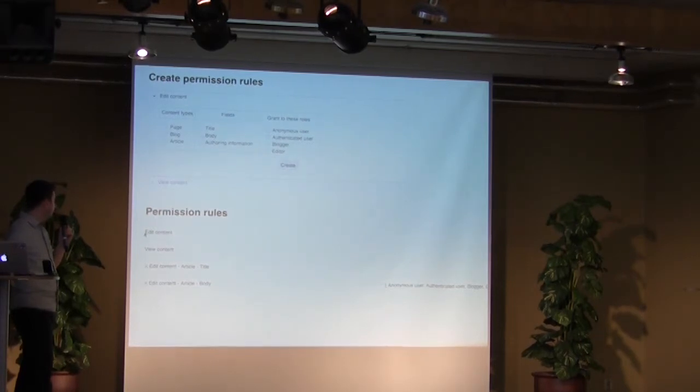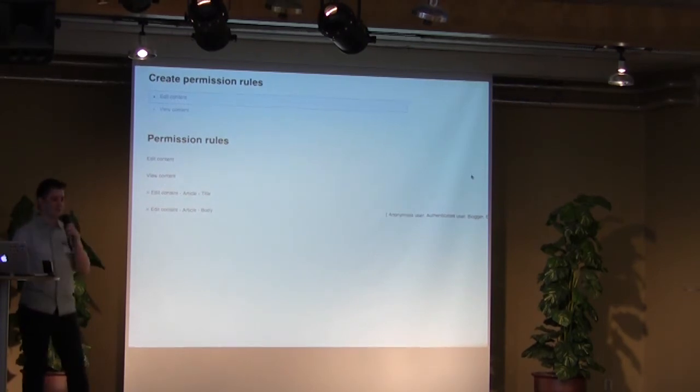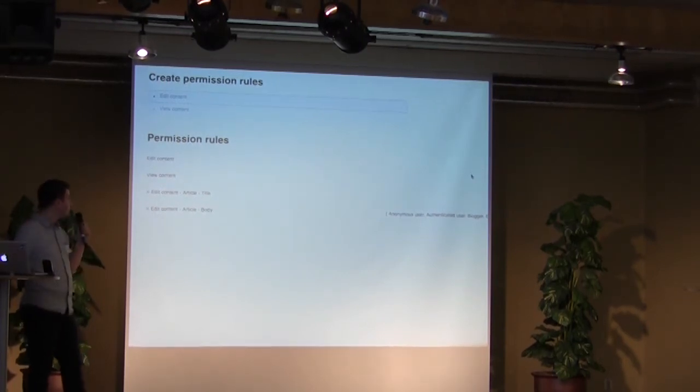And as you can see, there are two default permission rules here, and those defaults are the main branches of the permission tree, edit content and view content. And what you can't see in this screen is that they are actually assigned to the administrator role, and you can't change it.